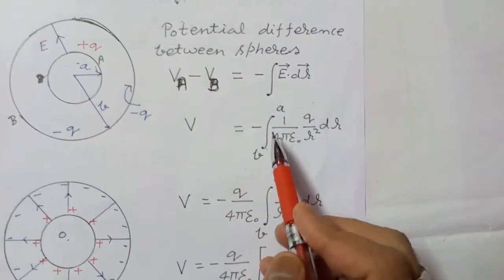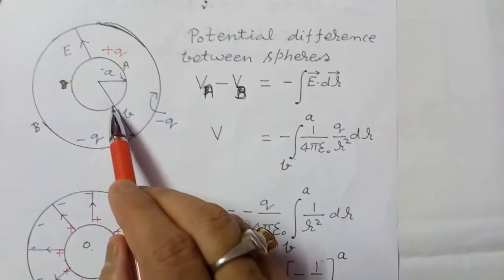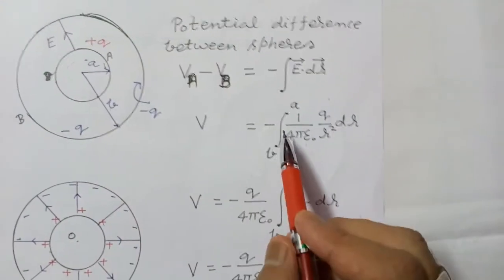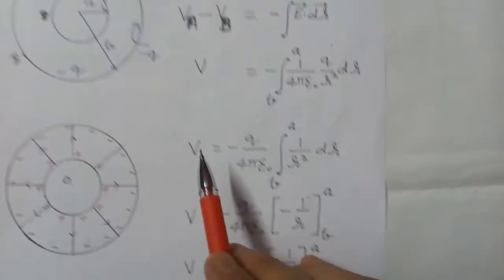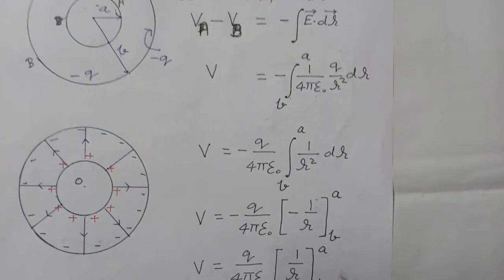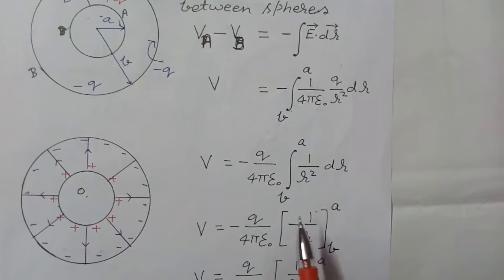So V is equal to minus integration, limits from B to A, 1 upon 4 pi epsilon naught q by r square dr. So V is equal to minus q upon 4 pi epsilon naught, limit B to A, 1 by r square dr.